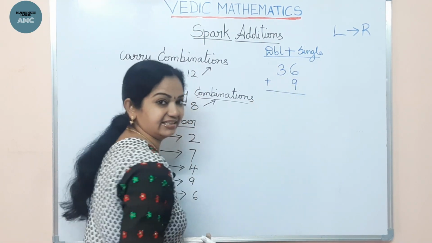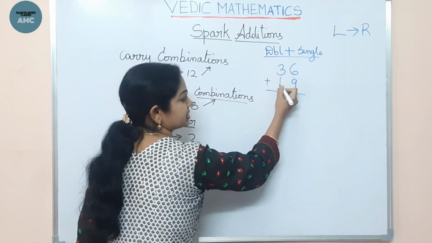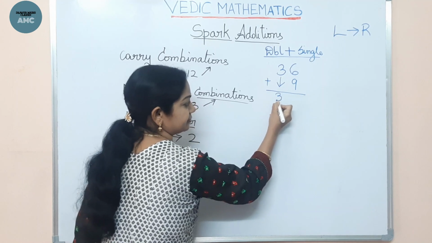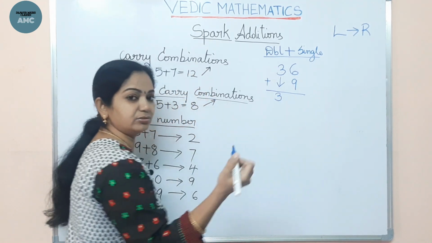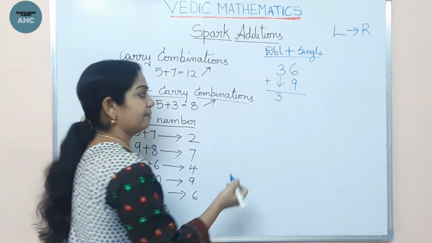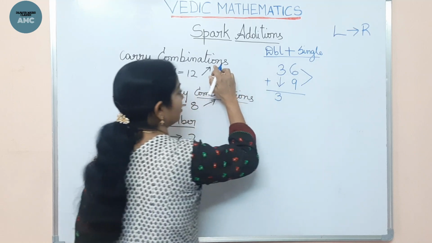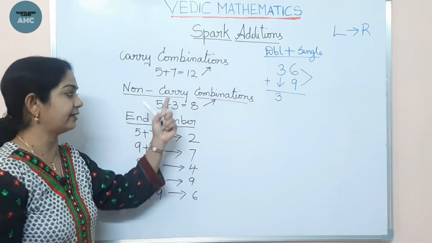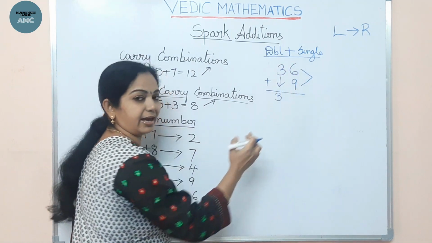36 plus 9. Here I have to start from the left. So I'll drop this 3 down here. Now here 6 plus 9, you know that it is 15. But before doing that, let me see whether this is a carry combination or a non-carry combination. Surely this is a carry combination.